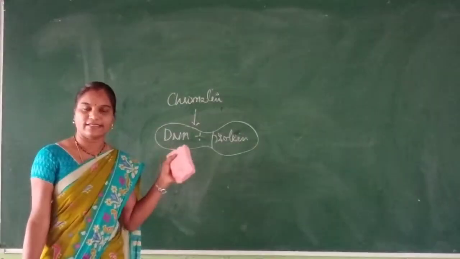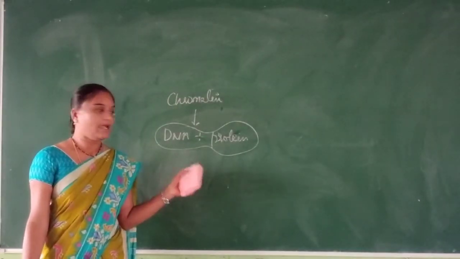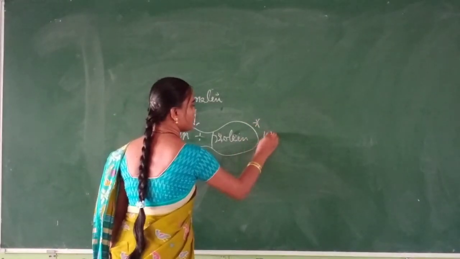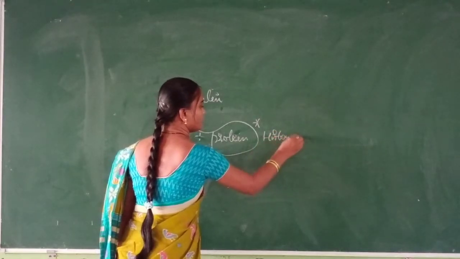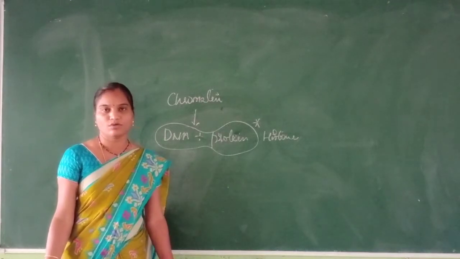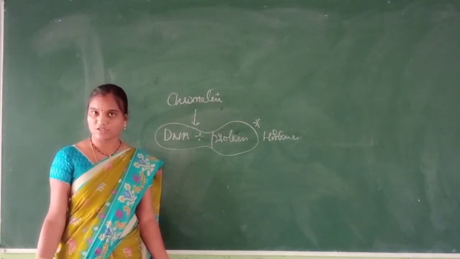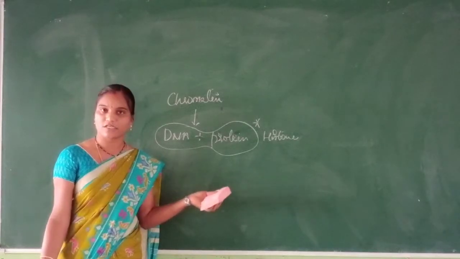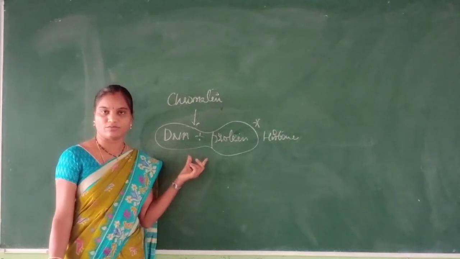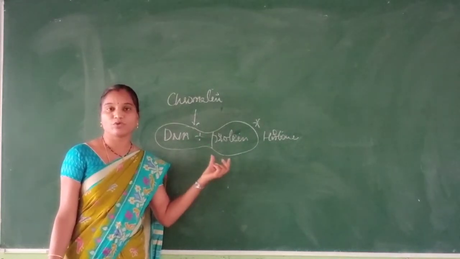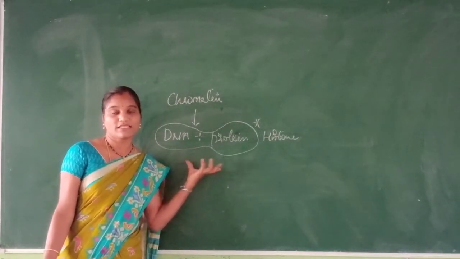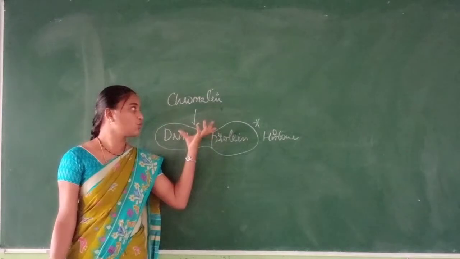As you all know, DNA is a negatively charged molecule, and the proteins here are exclusively histones. Histones are positively charged proteins, and these positively charged proteins anchor the negatively charged DNA molecule. Got it? Only histone proteins are wrapped with the DNA molecule. So this combination is your chromatin.